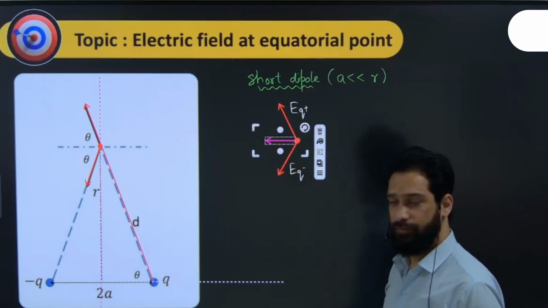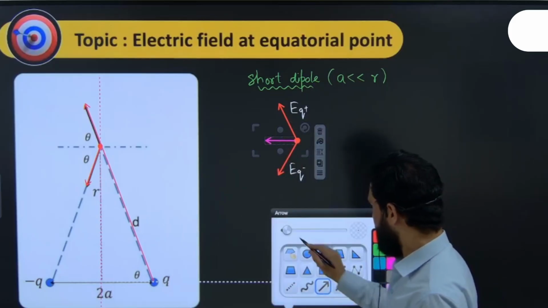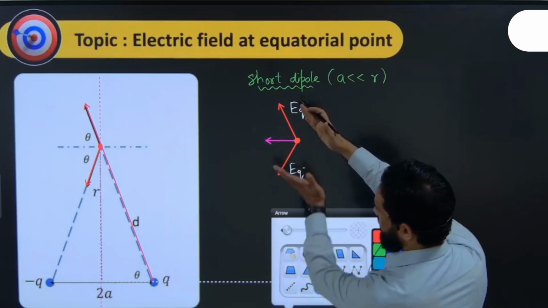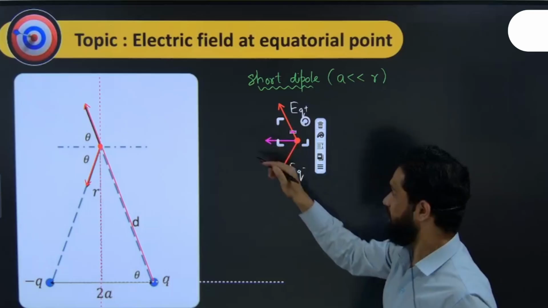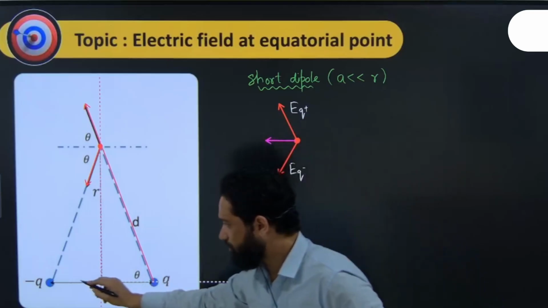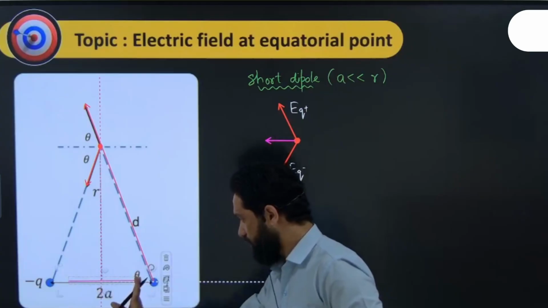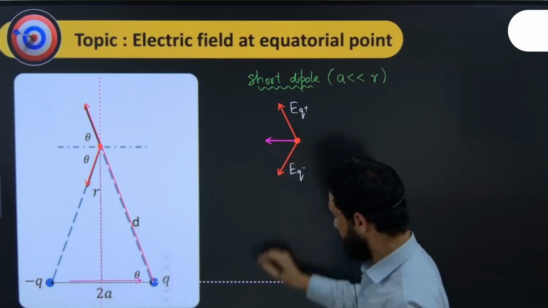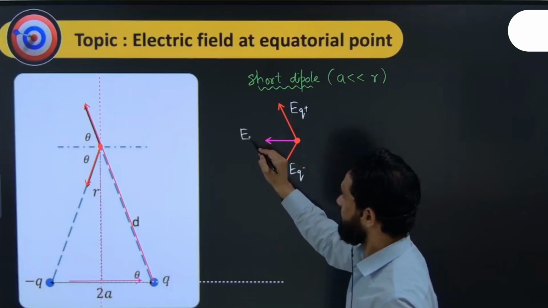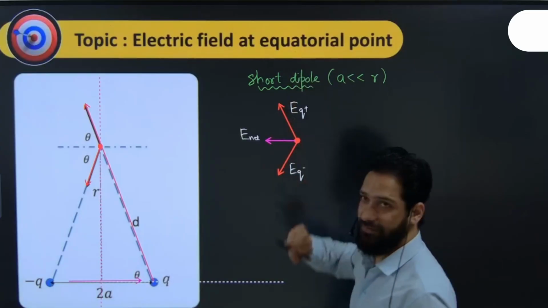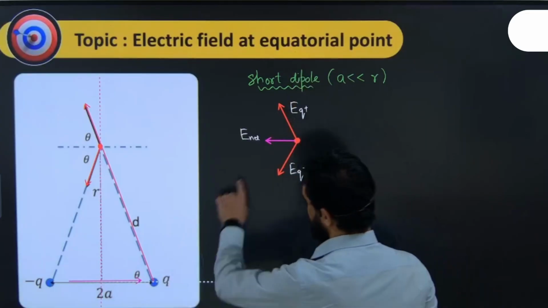You can see the vector sum of these two is obviously on this side. So if the dipole moment is here, from minus to plus, negative to positive, along the positive x-axis, then when we calculate the net electric field on a point on the equatorial line, you can see it is opposite.